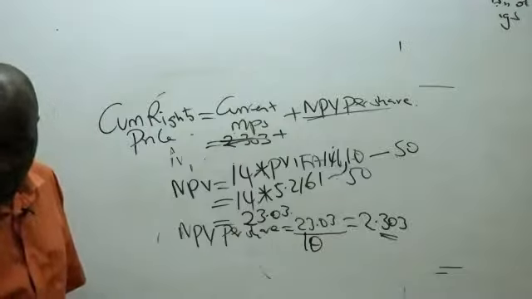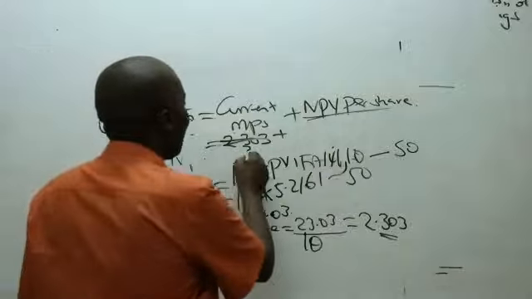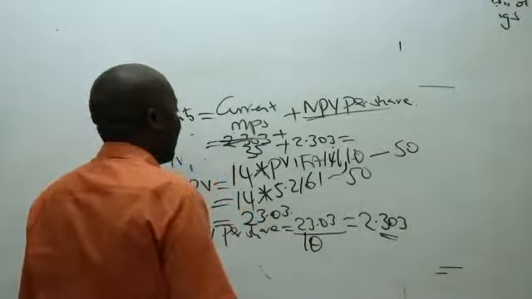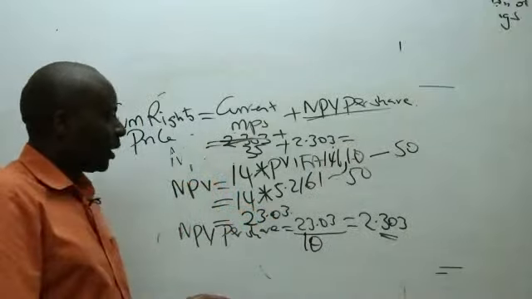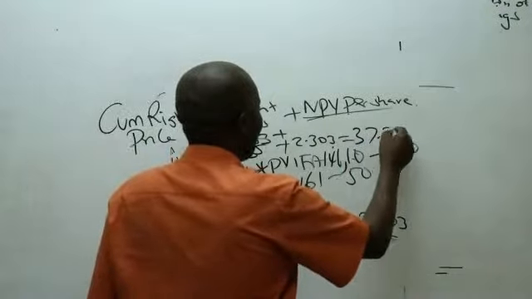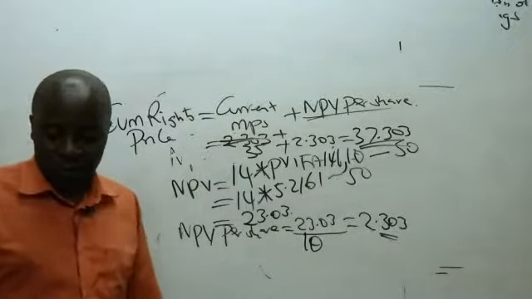There is a place they told us that the market price of the company's ordinary shares before is 35. So we have 35 plus 2.303, which will give us what figure? When you add the two, this will give us 37.303, and then you have your marks.